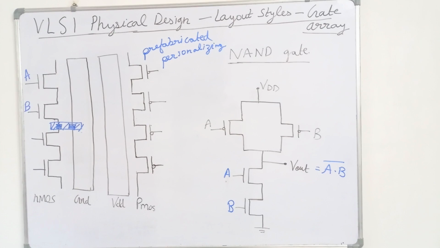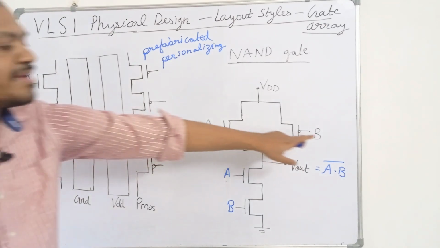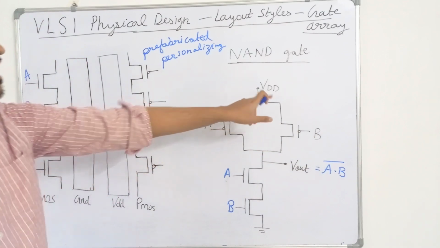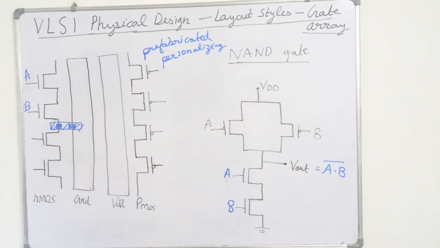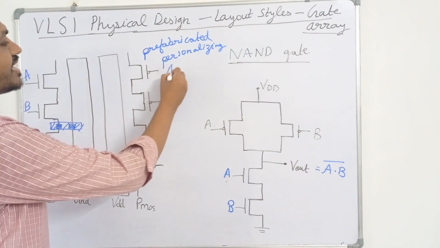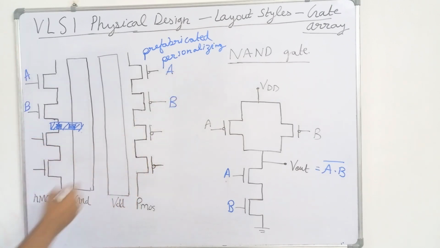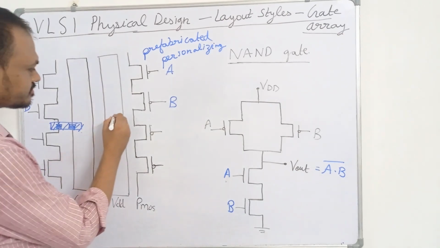Now this PMOS B and A, they are connected to VDD. Let this be A, let this be B. So I will also connect them to VDD.